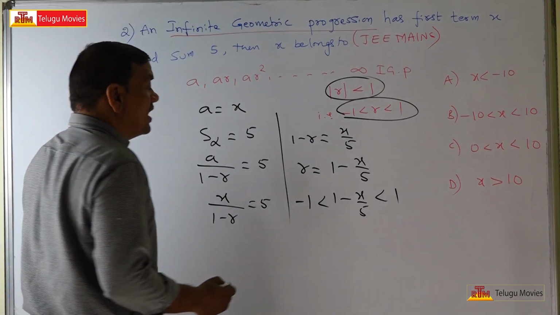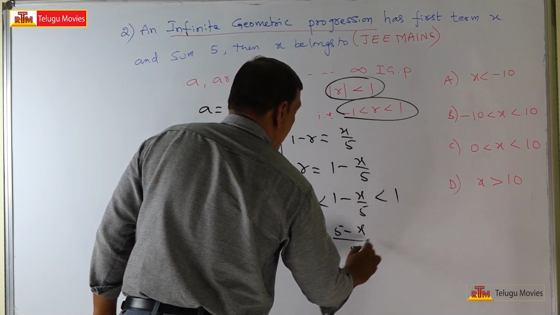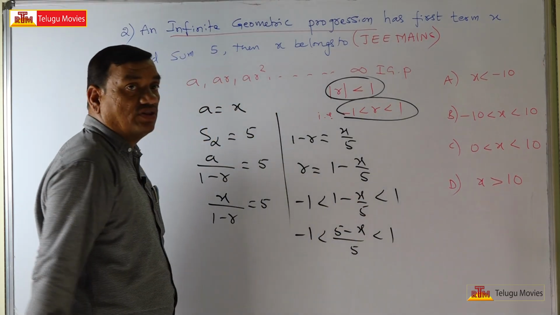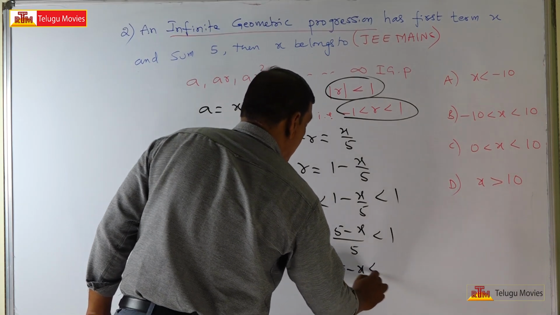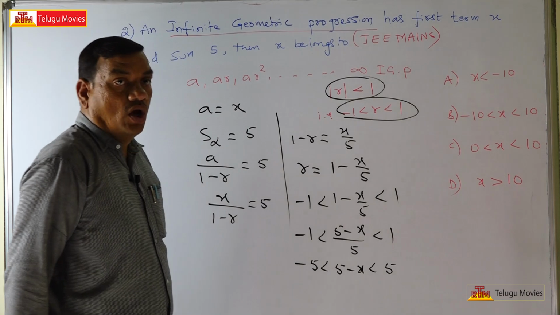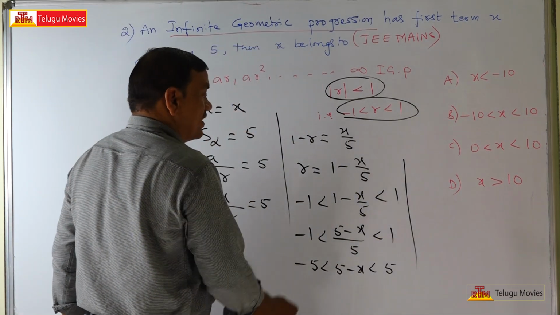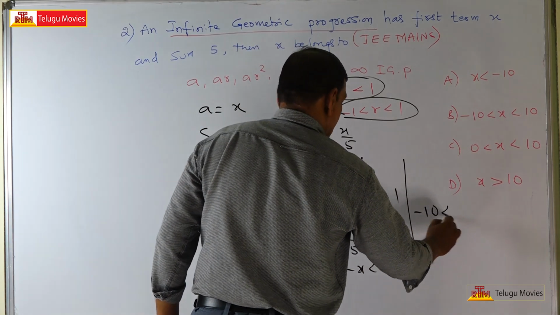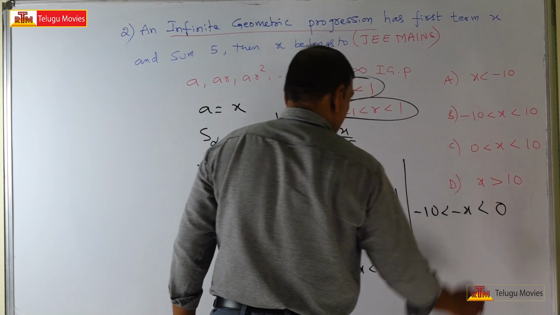Multiply with 5: -5 less than 5 minus x less than 5. Subtract 5: -10 less than minus x less than 0.